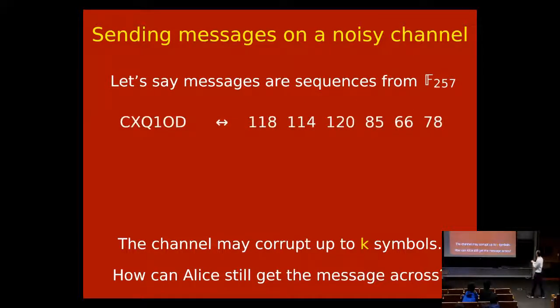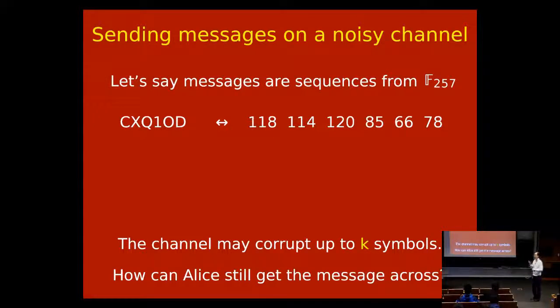So you're trying to send a message, like a string of bytes, and you imagine each symbol is a number mod 257. So you want to send this sequence of numbers. Alice wants to send it to Bob, but she knows that up to k of the symbols might get corrupted.